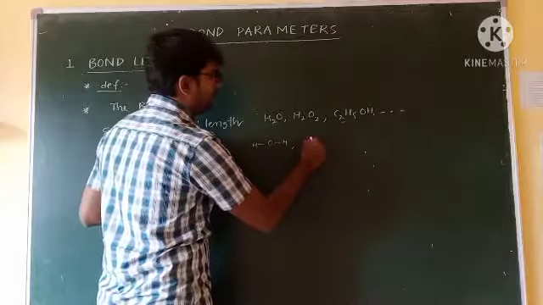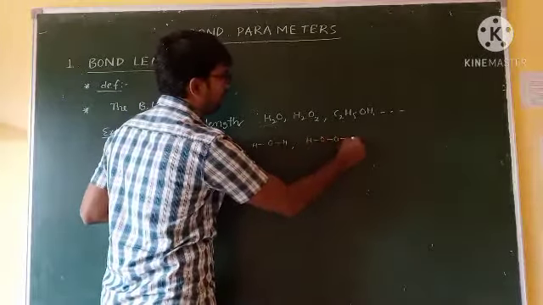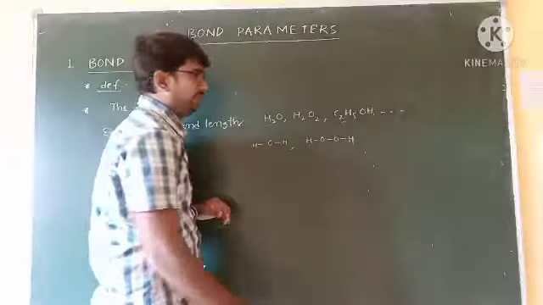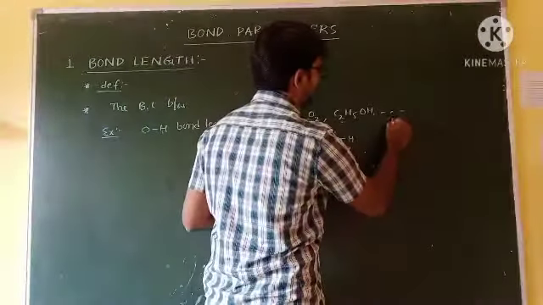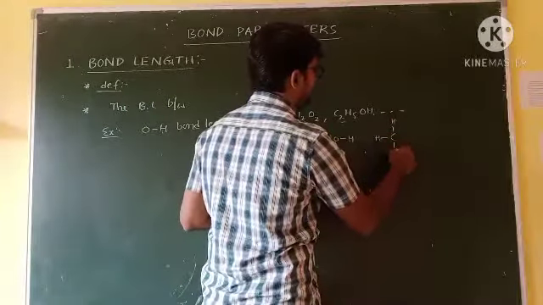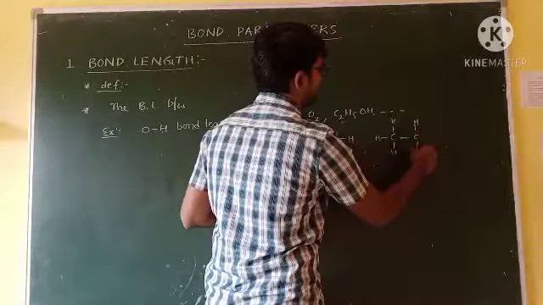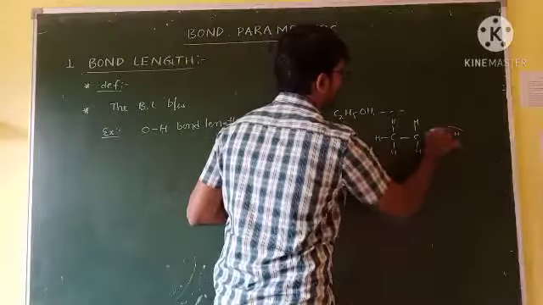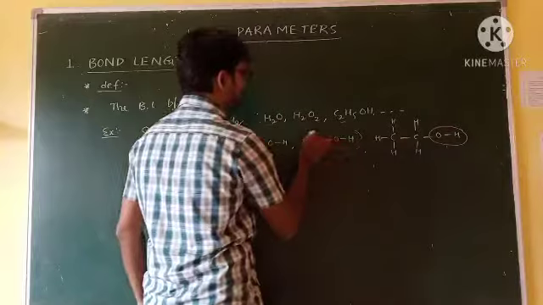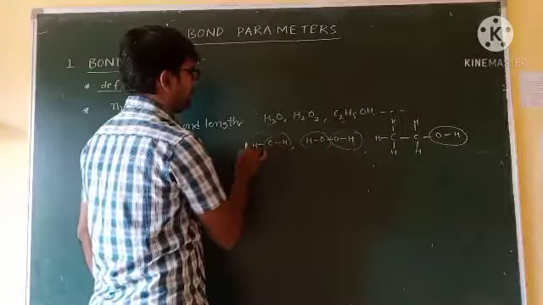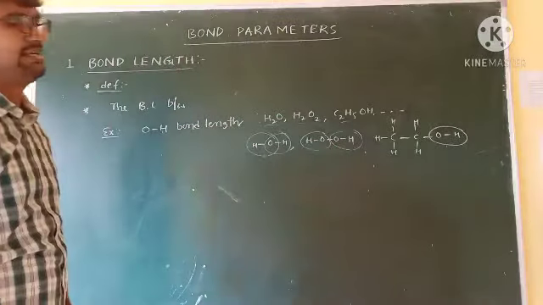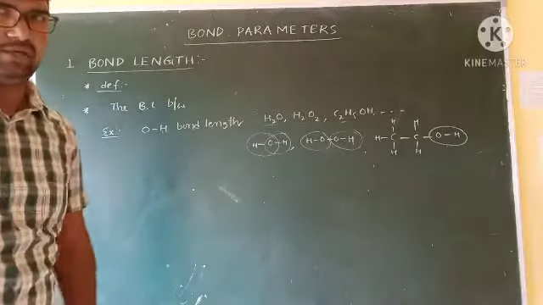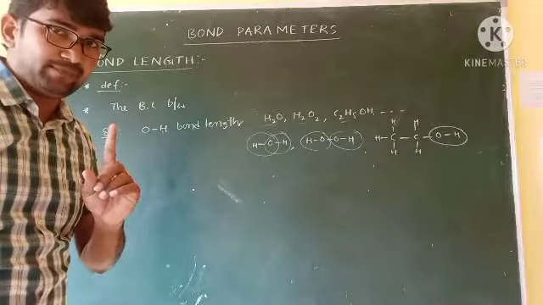In H2O2, HOOH, this is hydrogen peroxide. Third, ethyl alcohol, this is CH3CH2OH. So this OH, these two OH, and these two OH, these all have the same bond lengths. Remember this point.